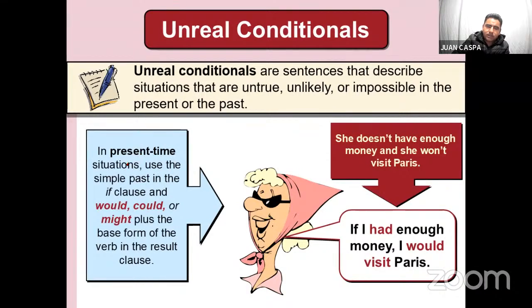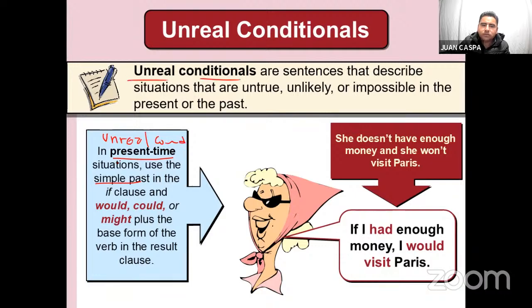In present time situations, use the simple past in the if clause and would, could, or might plus the base form of the verb in the result clause. Unreals, okay, we can use present time. In present time situations we use simple past for unreal conditionals, okay?